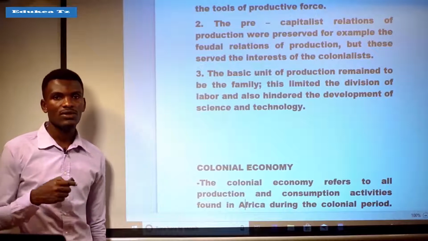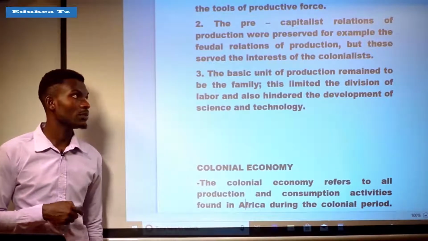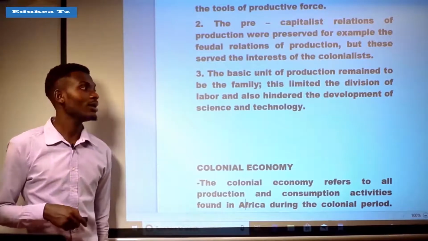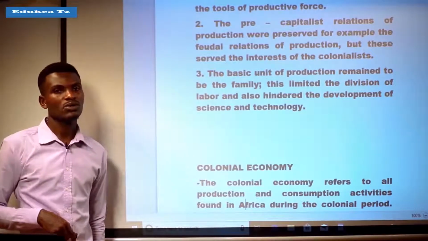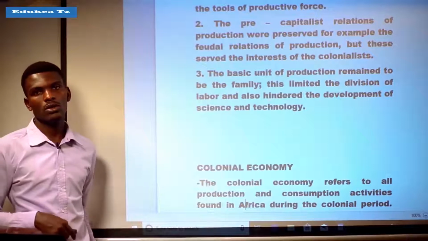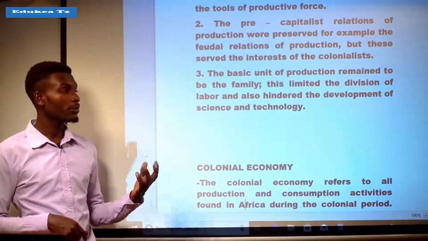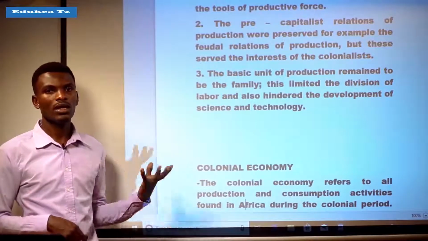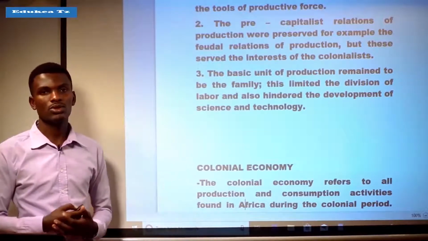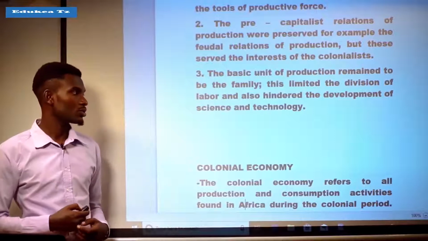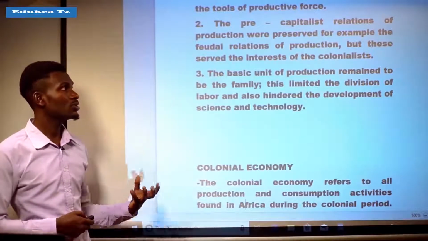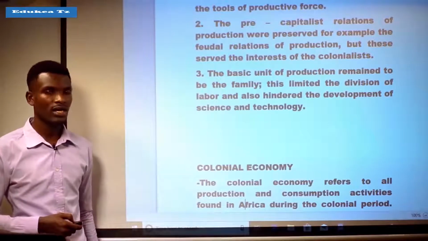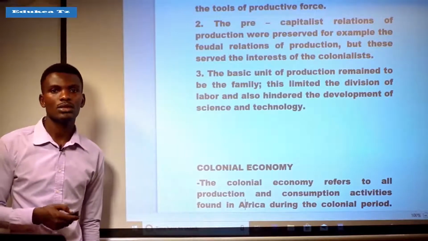To mean that the family member was used as the basic unit in production, and that could not attract the advancement or development of science and technology, because there was no improvement and employment of advanced science and technology in production.